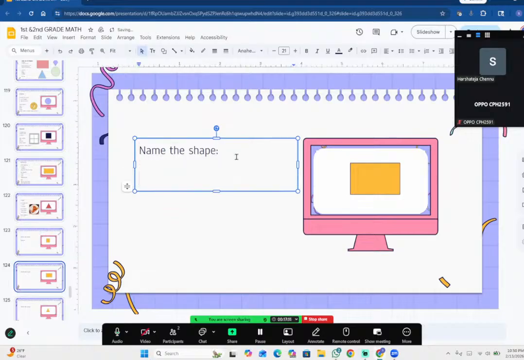I'll take a few seconds for this one as well. So this is a rectangle.